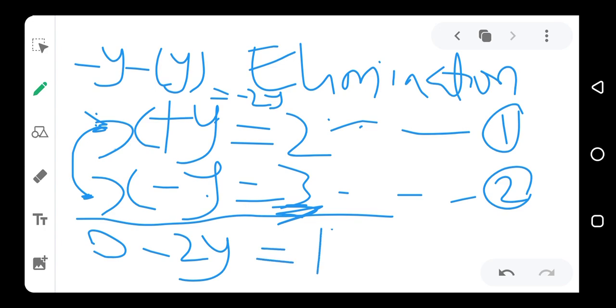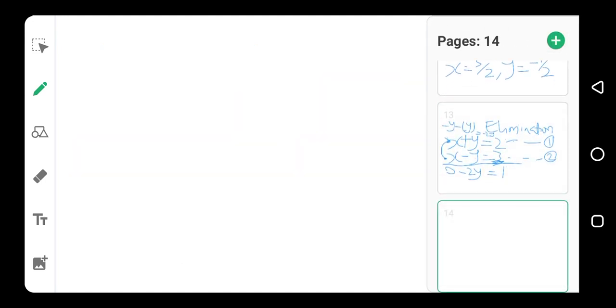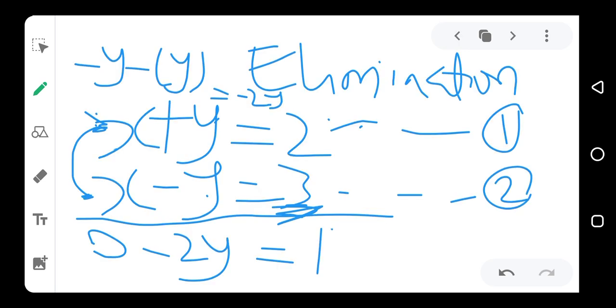And so we now have that from here, 0 minus 2y is equal to minus 2y. So we have that minus 2y is equal to 1.